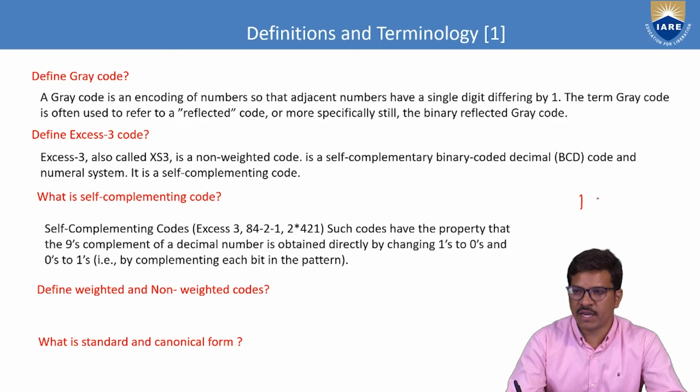So if you take the gray code of a given binary number, for example, this is the binary number 1 0 0 0 1, you take the MS bit as it is, and then take the XOR operation of the adjacent bits.